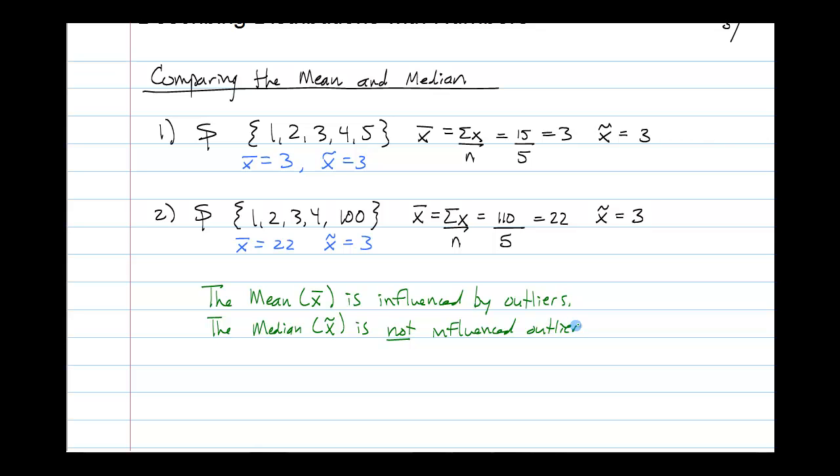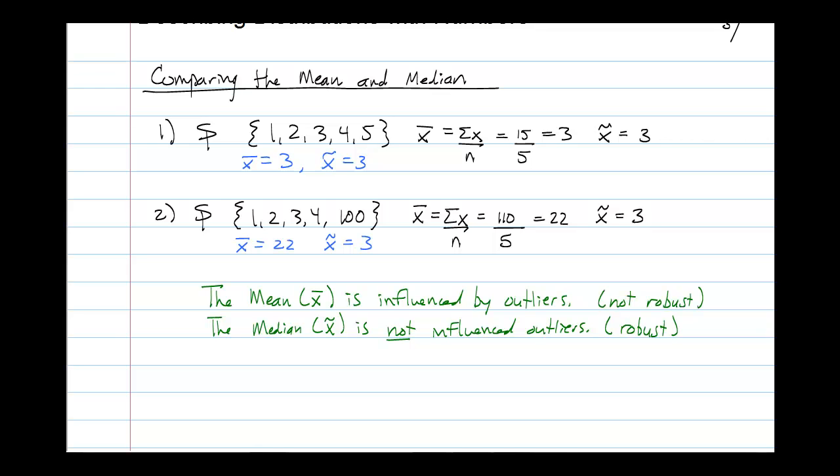Now we'll see a lot of terminology to represent this, but basically the mean is, what we say is, not robust. It's influenced by, it's affected by. The median is not influenced, so we say that it is robust. And again, that's some common terminology that you'll see when you're reading through different articles and texts comparing these types of things. So again, outliers influence the mean, outliers don't influence the median. And so that's one way that we can talk about comparing the mean and the median.